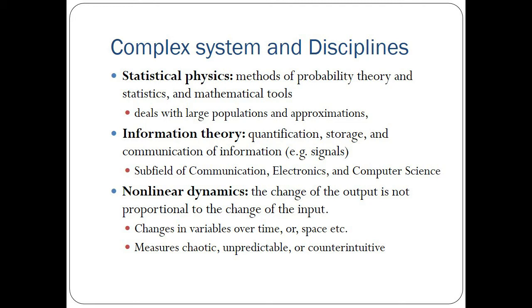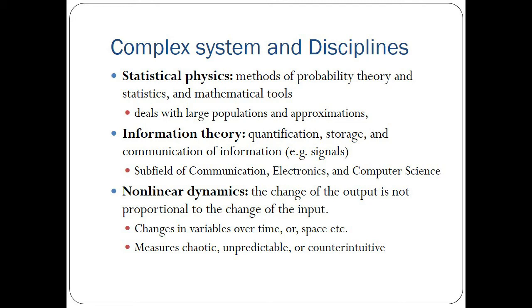Then next, nonlinear dynamics. As we discussed nonlinearity, there is nonlinear dynamics as well. The change in output is not proportional to the change in input. This means the changes happening in the output and the input are not equivalent. You cannot proportion them.